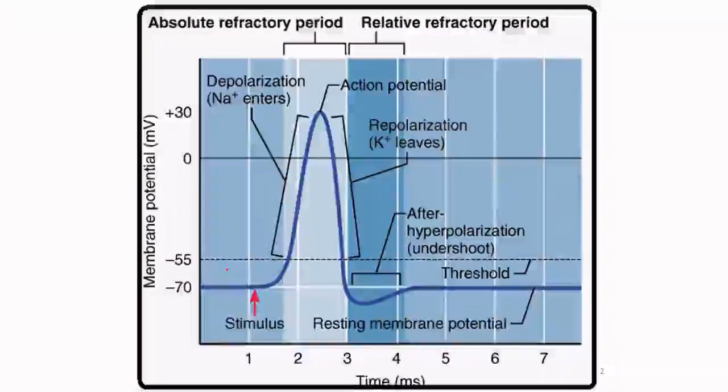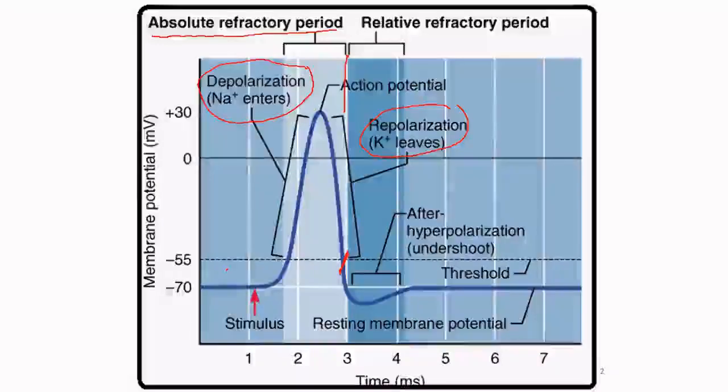It is very clear: the absolute refractory period includes both the depolarization as well as the repolarization. Did you understand? When we project the graph like this, up to here is the absolute refractory period.